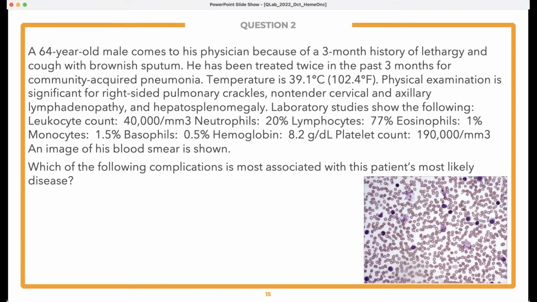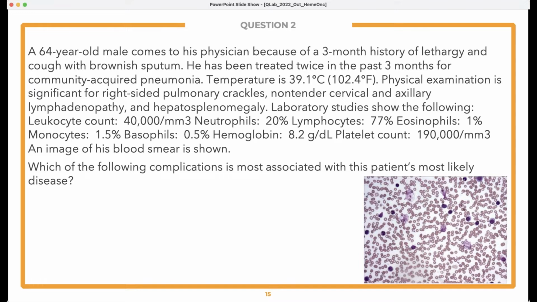A 64-year-old male comes to his physician because of a 3-month history of lethargy and cough with brownish sputum. He has been treated twice in the past 3 months for community-acquired pneumonia. Temperature is 39.1. Physical examination is significant for right-sided pulmonary crackles, non-tender cervical and axillary lymphadenopathy, and hepatosplenomegaly.